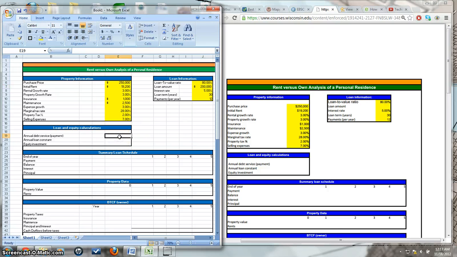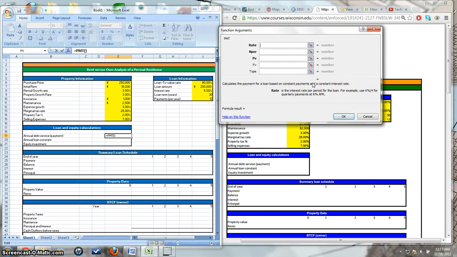And we're going to find the annual debt service payment. And that's simply going to be a payment equals PMT, tab. We're going to use the formula function arguments box. It's just a nice convenient little box that I prefer to use.